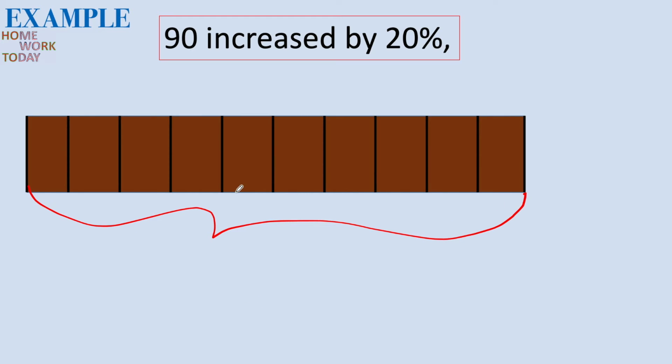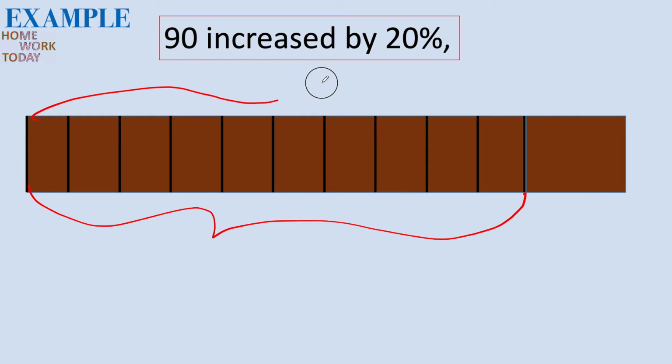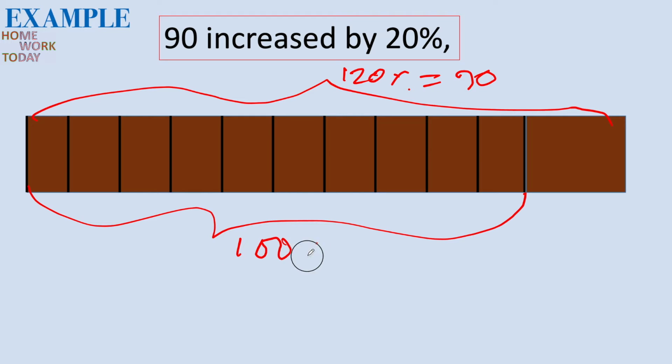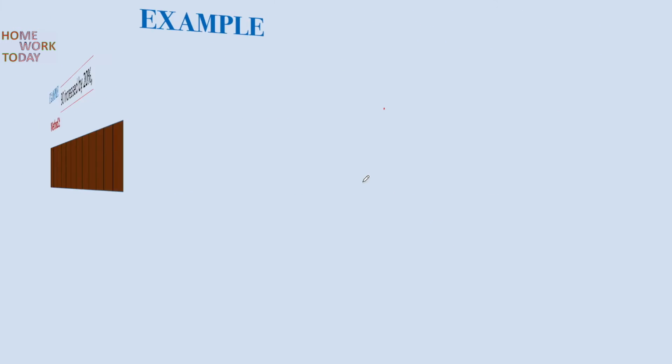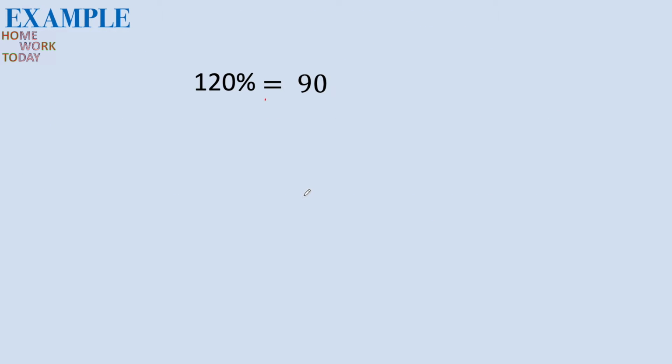As we now know, the bar is now 120%. After increasing 20%, which is 90, we will have to find out what 100% is. 120% is 90. We can find out the amount of 100% from this. Let's find out 1%.